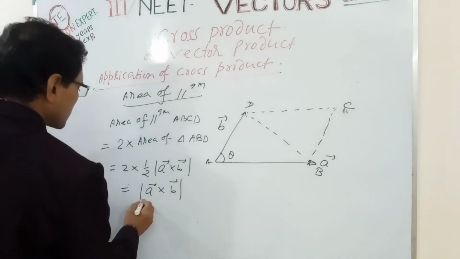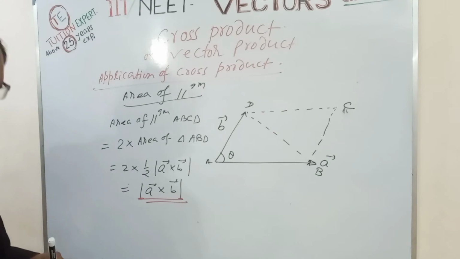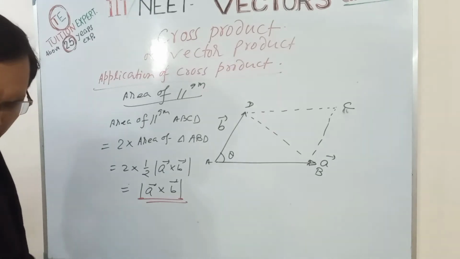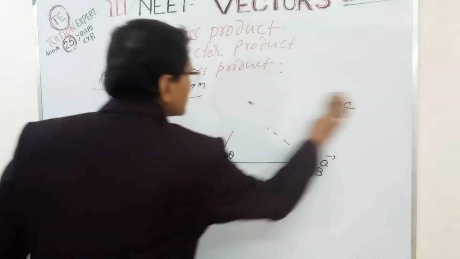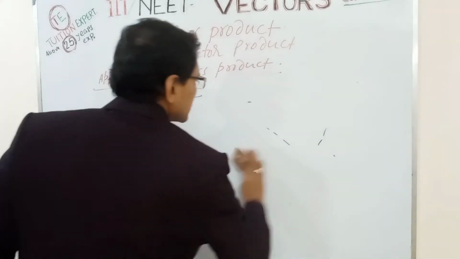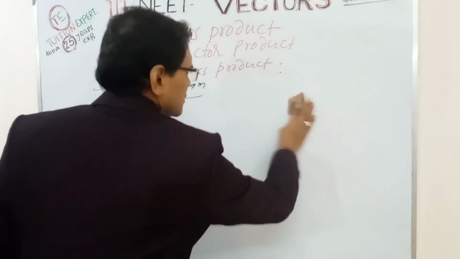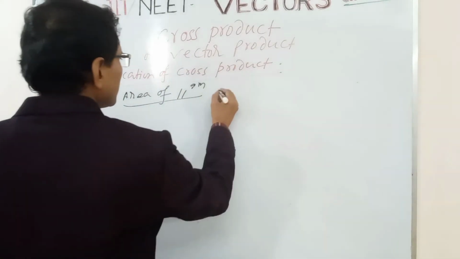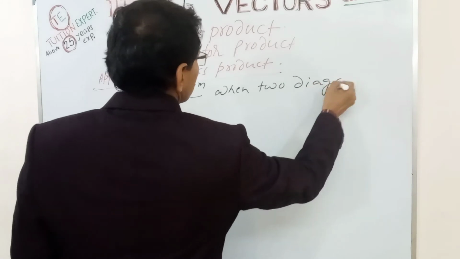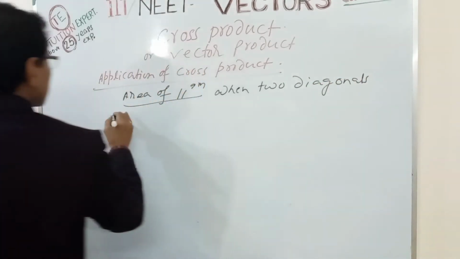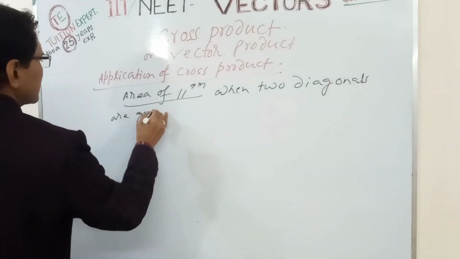Next, if two diagonals of a parallelogram are given, what is the area of the parallelogram? Area of parallelogram when two diagonals are given.